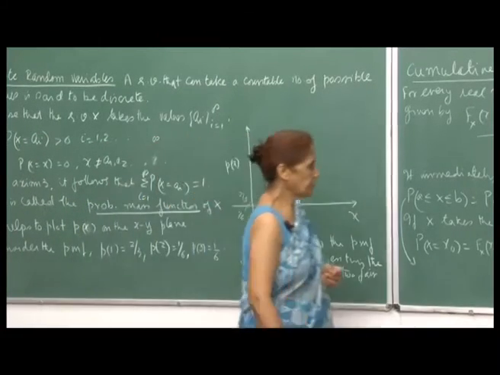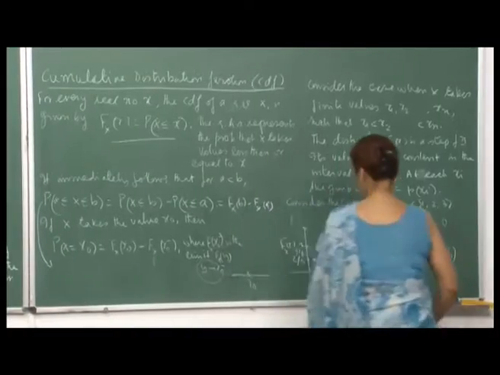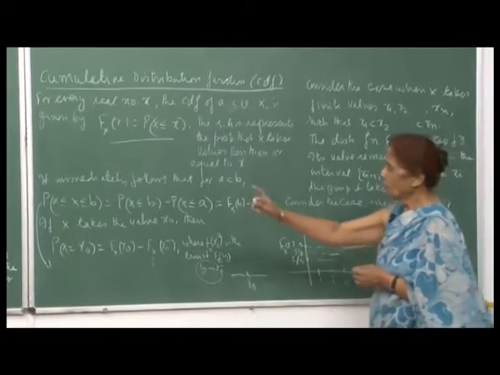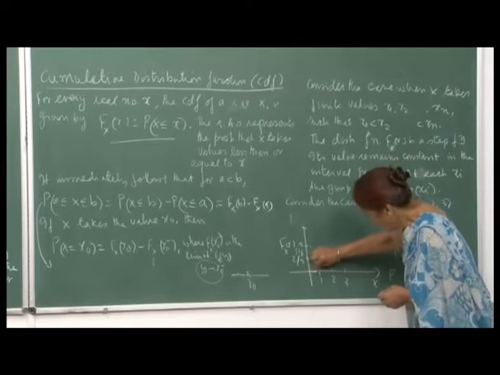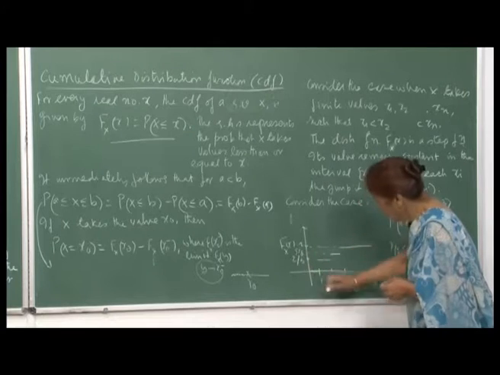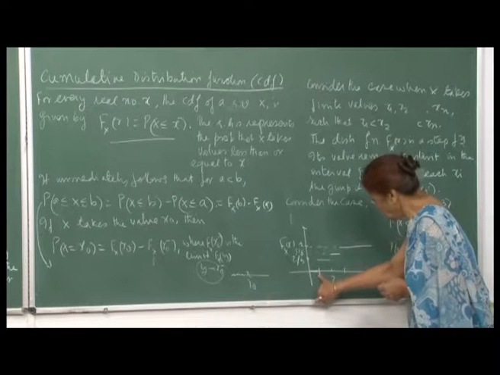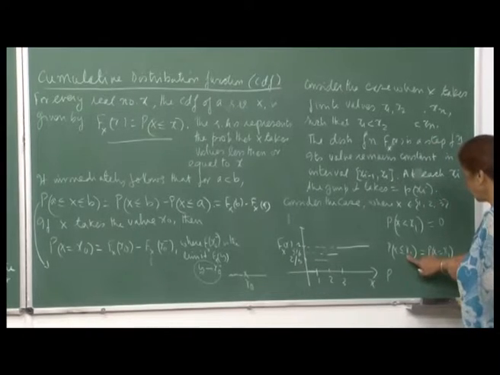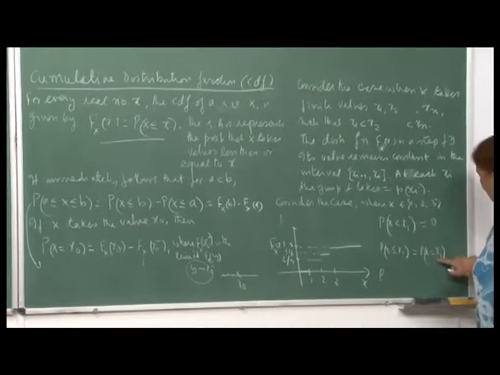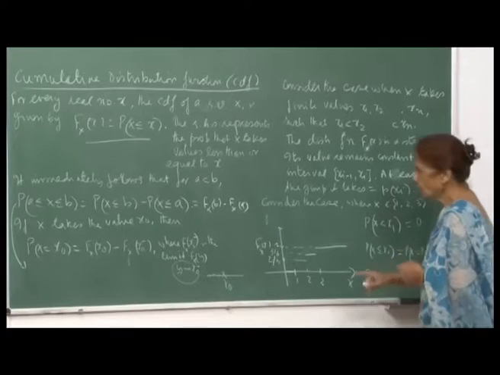Therefore, if I want to draw the CDF for that random variable, it is 0 till at the point 1 it takes a jump, because at point 1, when x 1 is 1, this will be equal to probability of x equal to 1, which is 2 by 3.